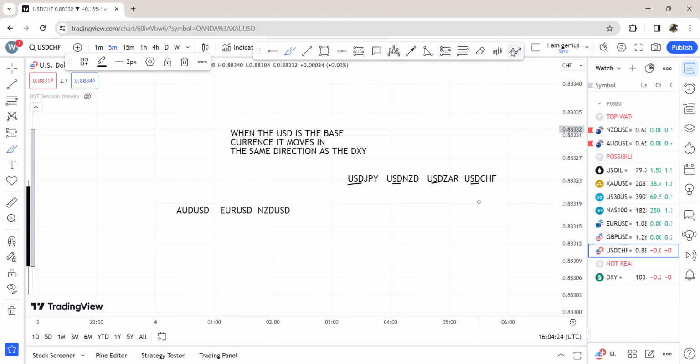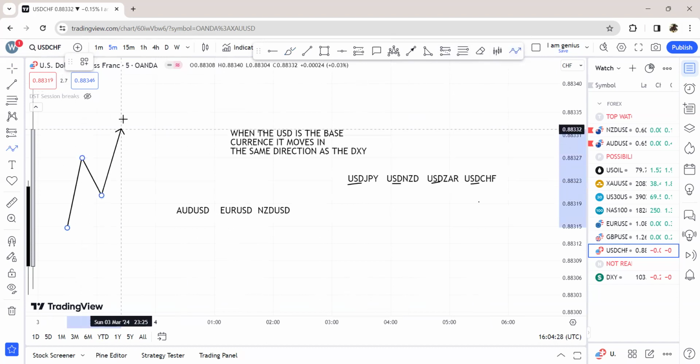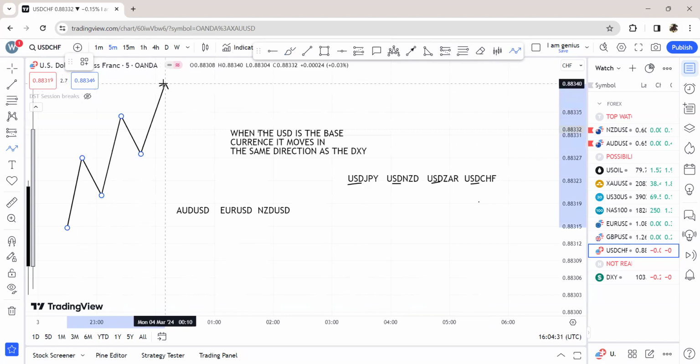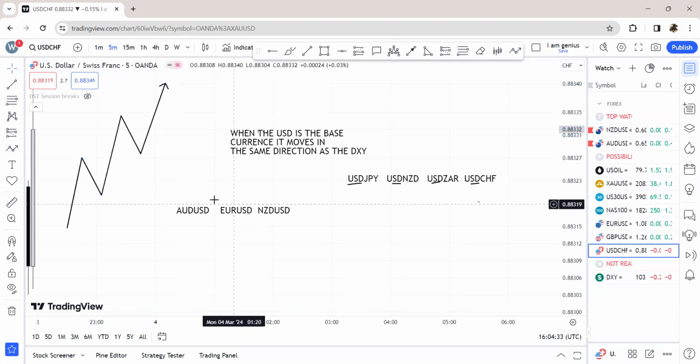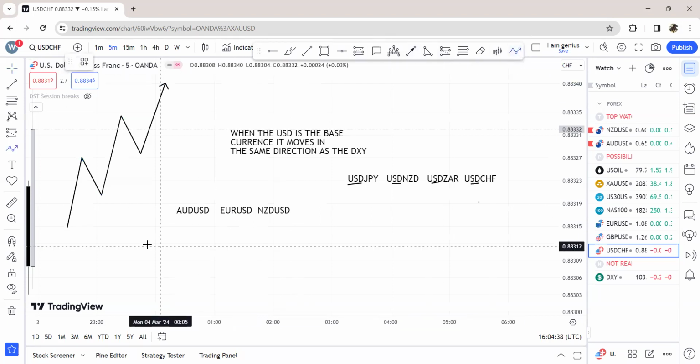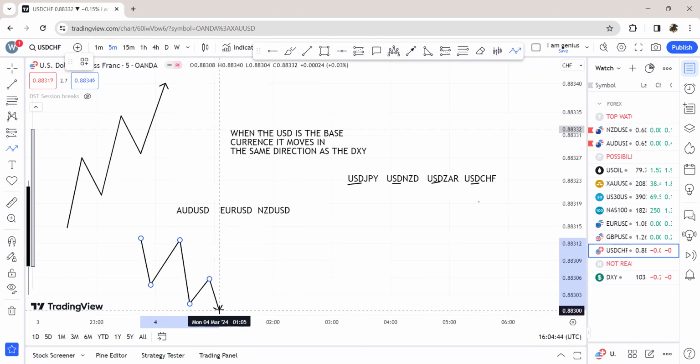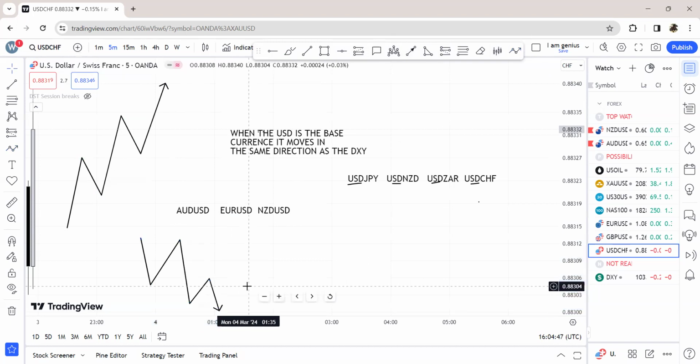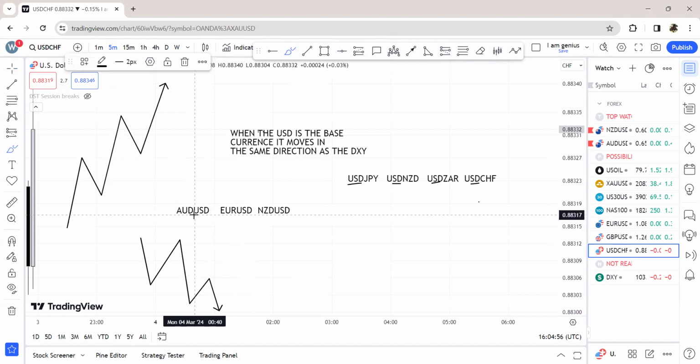What that means is if the DXY is moving upwards like this, that's your DXY pushing to the upside, you expect any of these currencies to be moving to the downside. Does that make sense? So that means the relationship when the US dollar is a quote currency, remember quote currency just means the US dollar is the second currency in the pair.